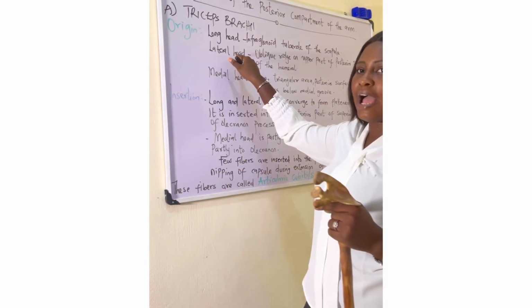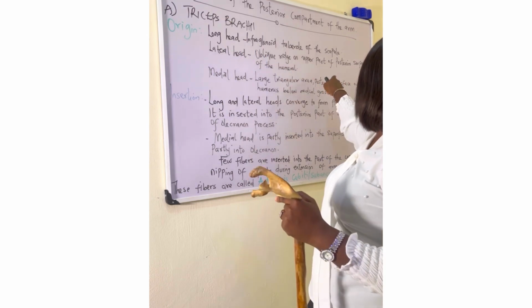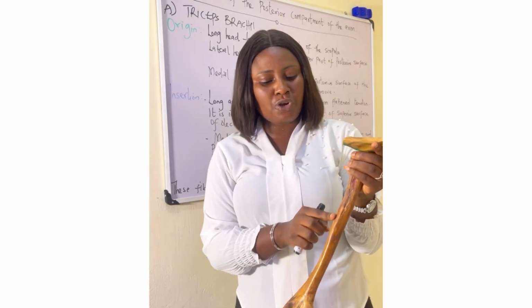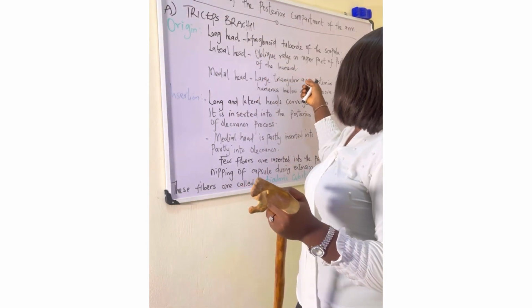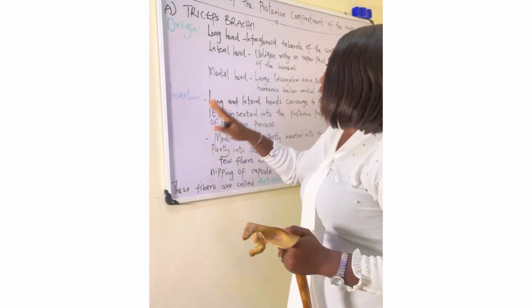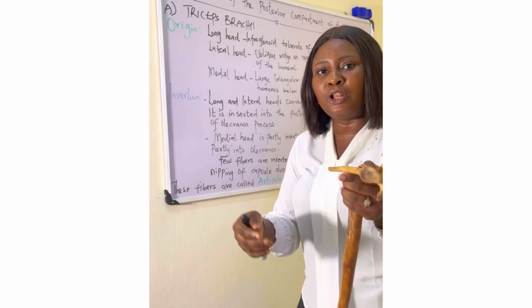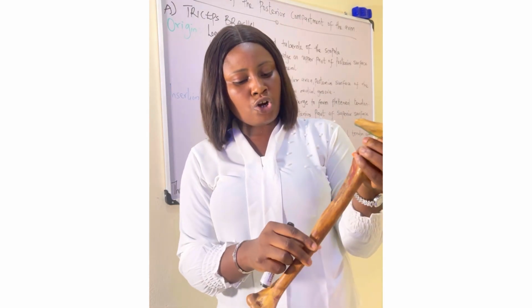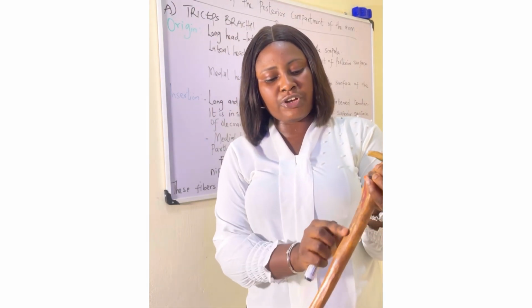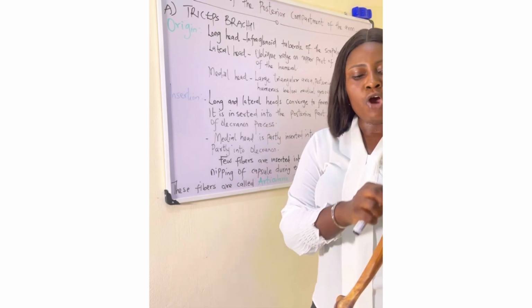So this particular head of triceps brachii originates from the upper part of the posterior surface of the humerus. That's the oblique ridge. While the medial head originates from the posterior surface as well, just below the radial groove.